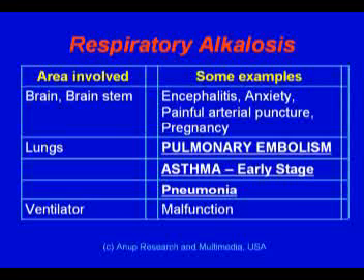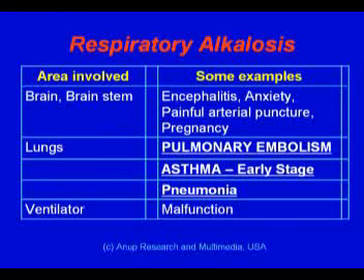Let's look at the causes of respiratory alkalosis. Just on the same model that we saw the causes of respiratory acidosis, we will see what are the causes of respiratory alkalosis. You can refer to the book, to the Essentials of ABG part, where these things are explained in much more detail.